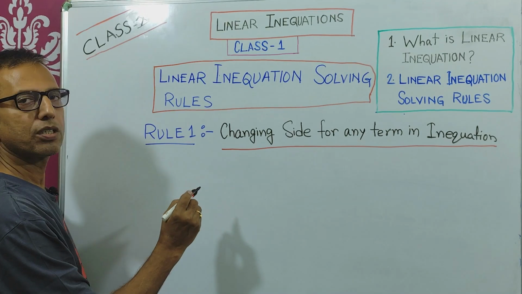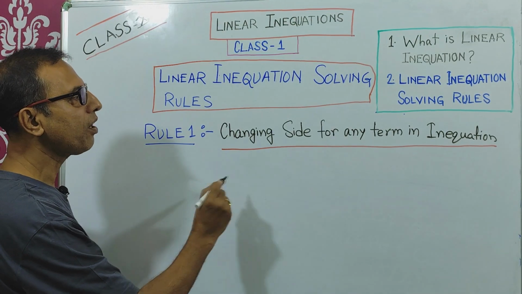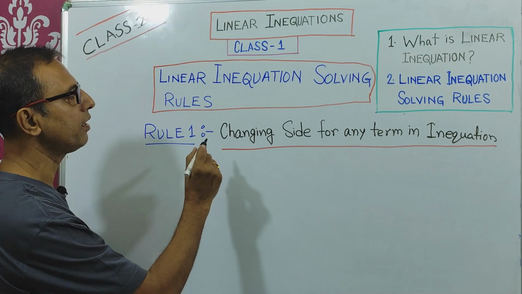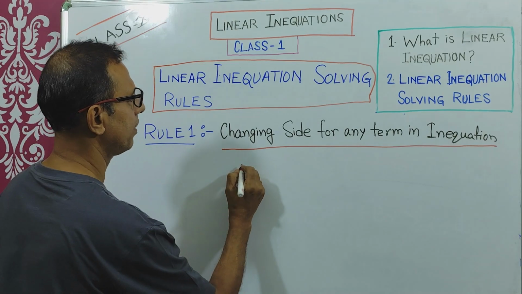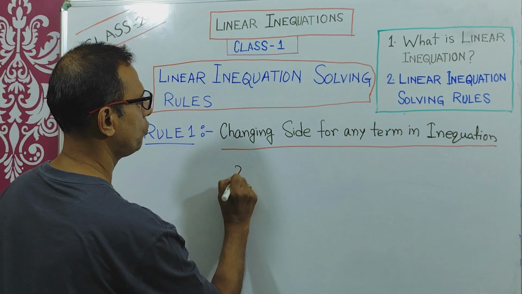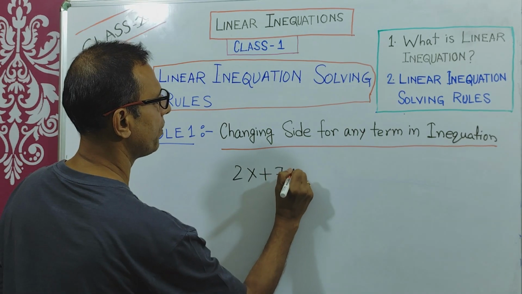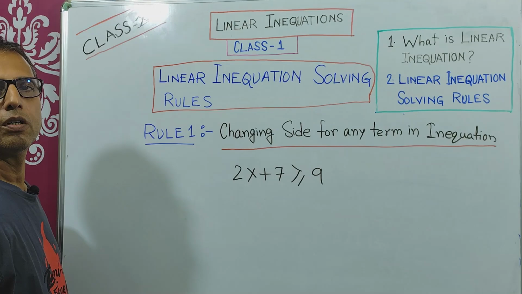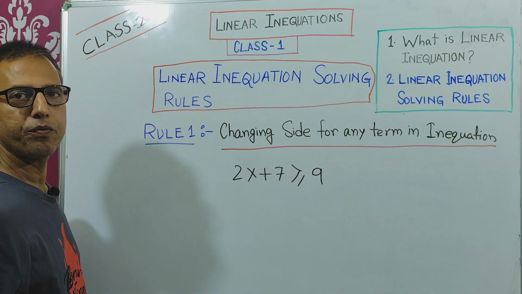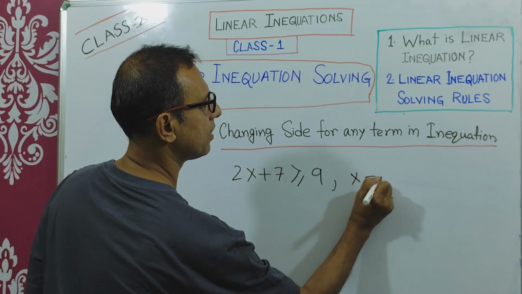If you change the side of any term in an inequation, then the sign of that term gets changed. What does it mean? Let's say 2x plus 7 greater than equals to 9, and you are asked to find the value of the variable x.